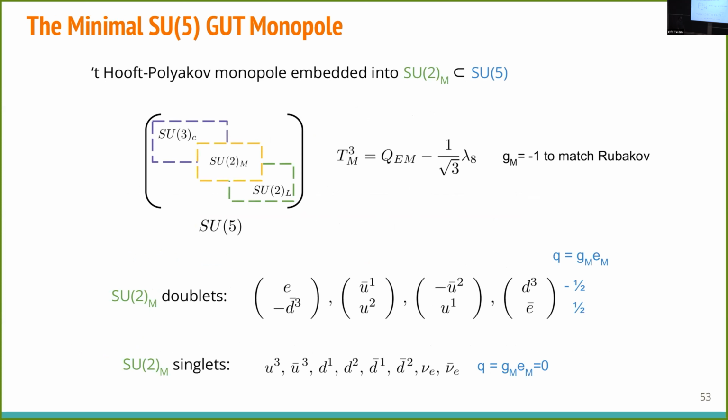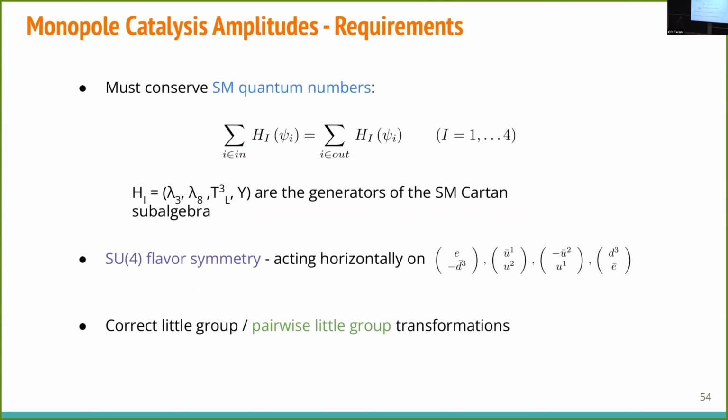So this is just an intro to SU(5) GUT, which you don't need at this stage of the talk. All we require is standard model charge conservation and the fact that the monopole is blind to an SU(4) global symmetry, linking different multiplets, that the monopole just doesn't know the difference between them theory-wise.